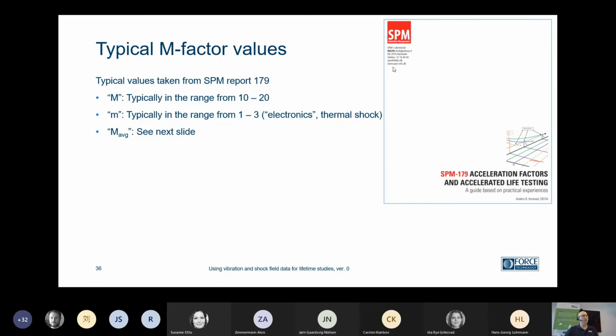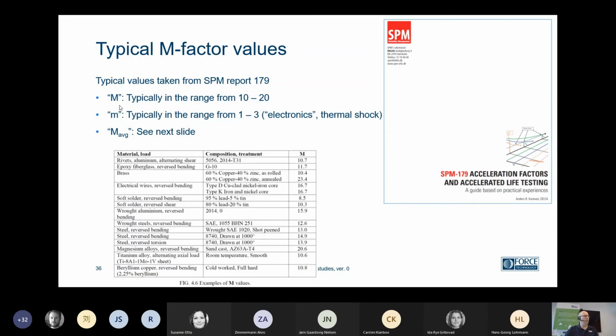We have something called SPM Reliability Management, and they make reports. Luckily, we at Force are often involved in this, but Danish industry is also involved. In this one, SPM 179, we can find typical M values for mechanical parts.